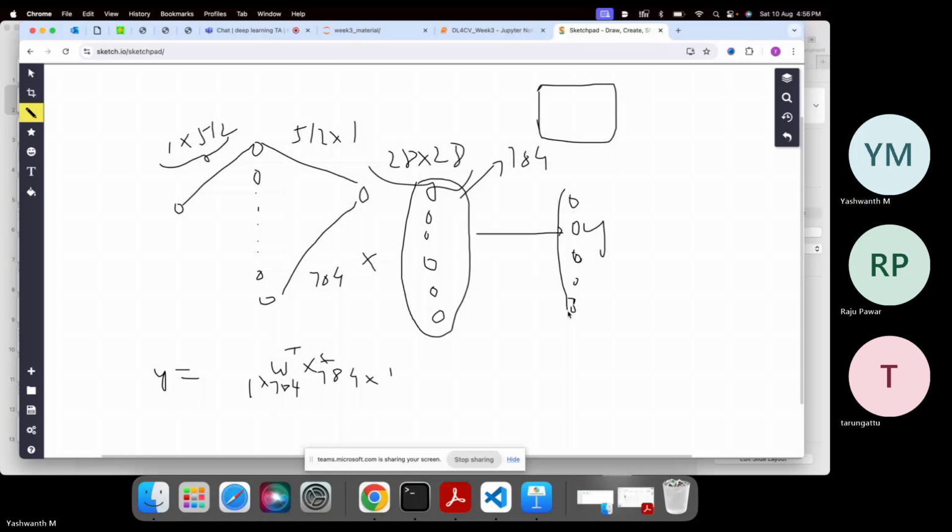Right? So basically, after we get this, this W will be 10 cross 784. Okay, so W transpose X plus B. Now we do something called a softmax operation.